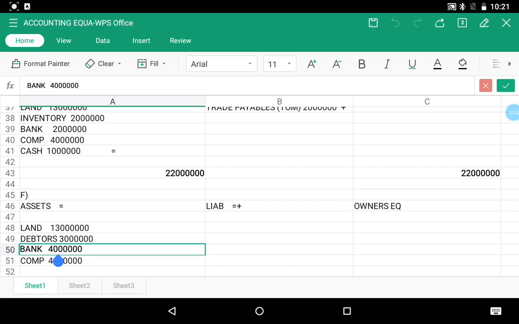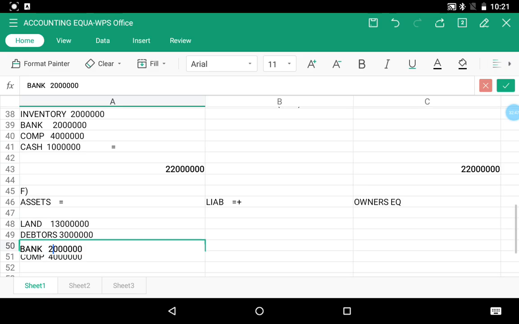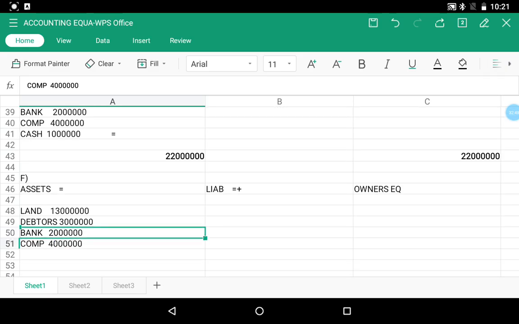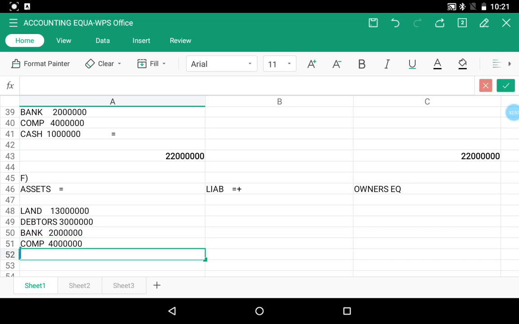Our bank will have 2 million, not 4 million. Then our computer will have 4 million. Also, we still have our cash of 1 million. So there are no more assets to record.